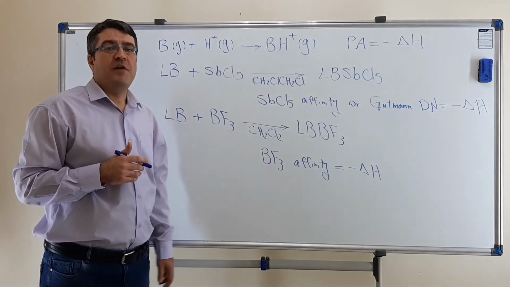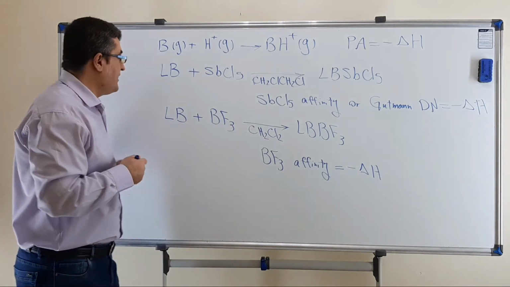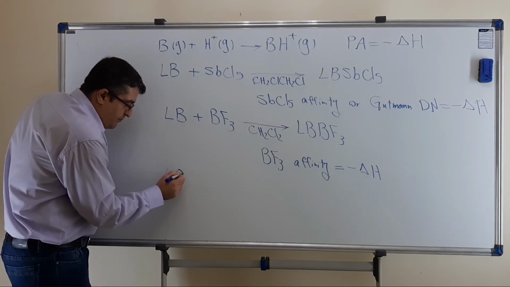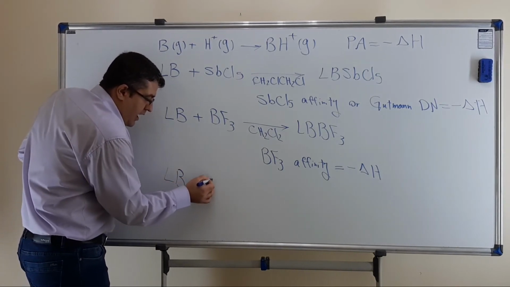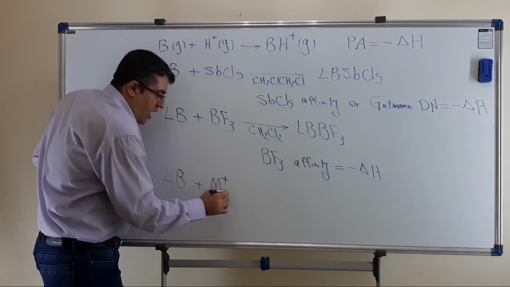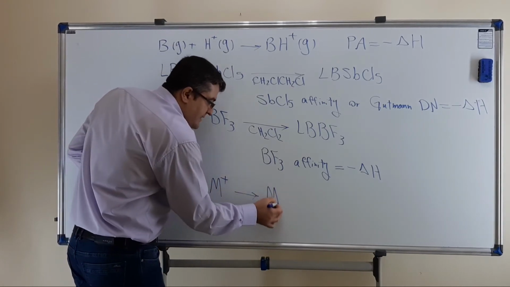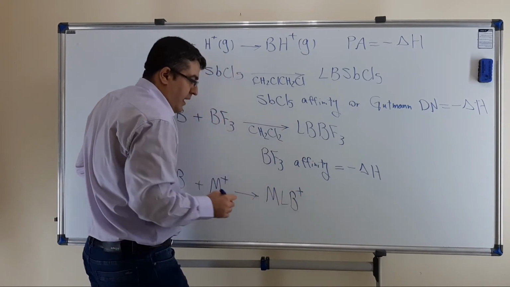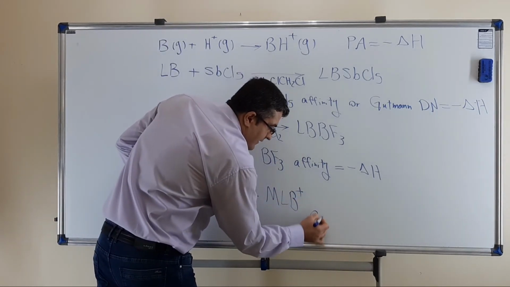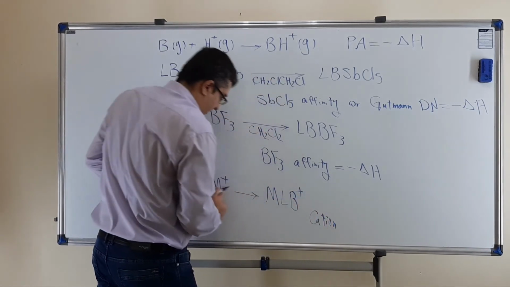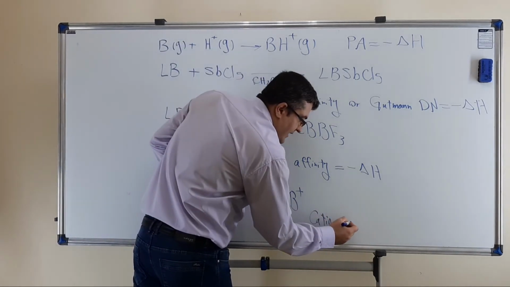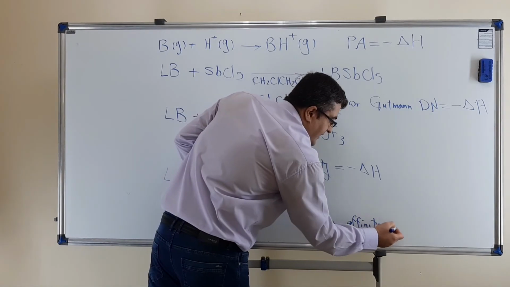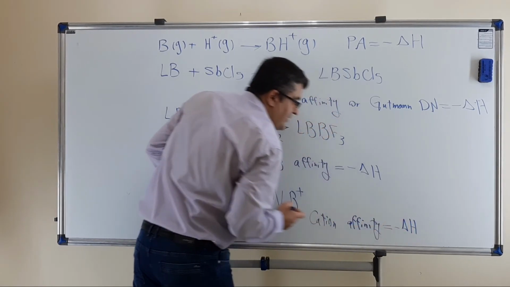The general form of the reaction can be written like this: Lewis base plus M+, the cation, yields the Lewis adduct MLB+. The cation M+ affinity is the negative of the enthalpy change for this reaction.